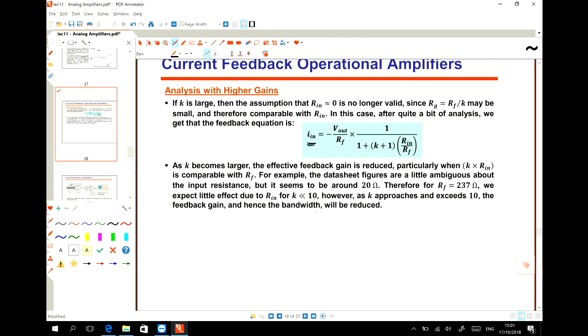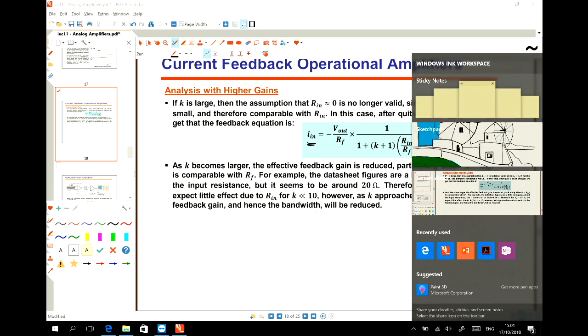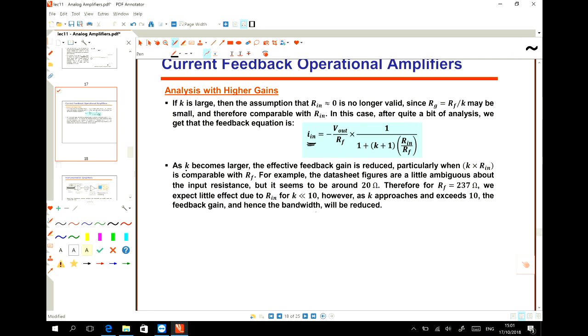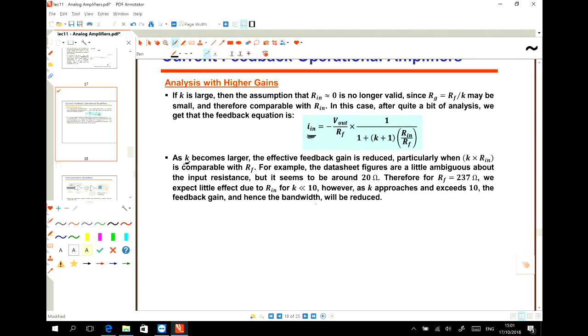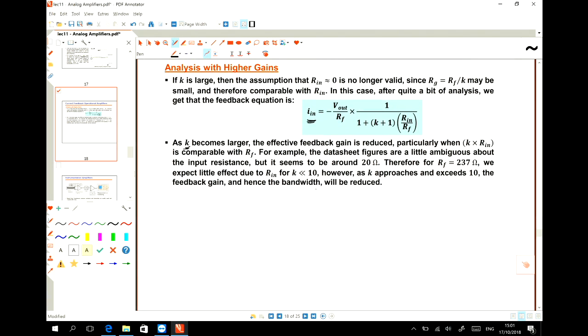In this formula, you see that if we increase the value for the K, then I can say that this one is reducing, the effective feedback gain is reduced.